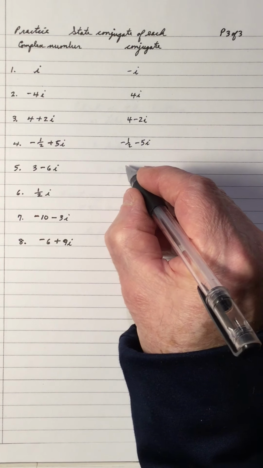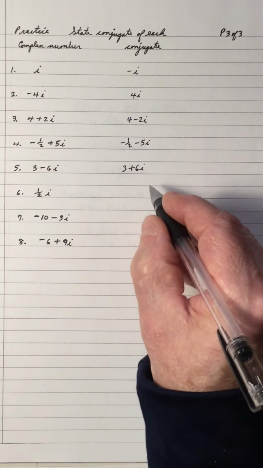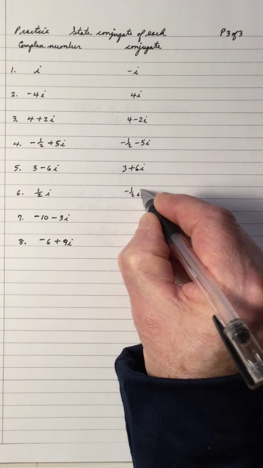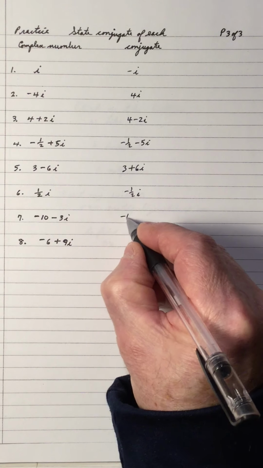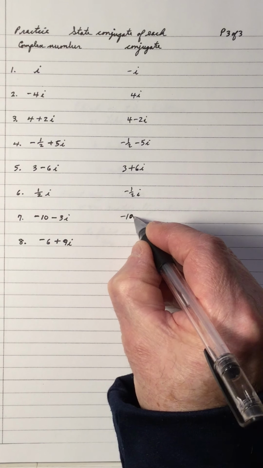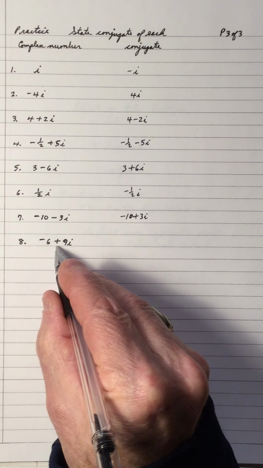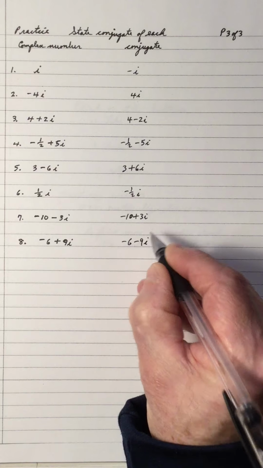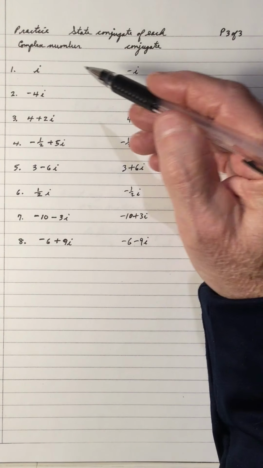Number 5, 3 minus 6i, the conjugate is 3 plus 6i. The conjugate of a half i is negative a half i. And the conjugate of negative 10 minus 3i is negative 10 plus 3i. The conjugate of negative 6 plus 9i is negative 6 minus 9i. Again, in a monomial, just change the sign.